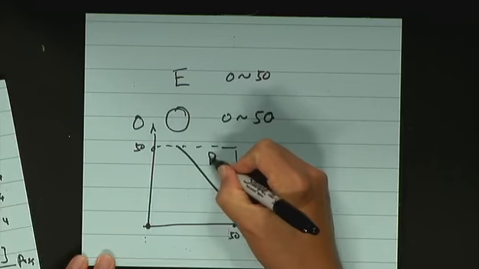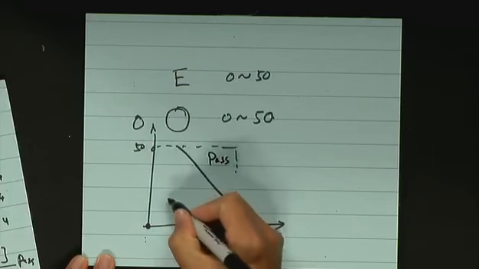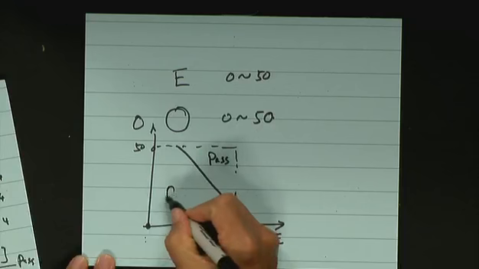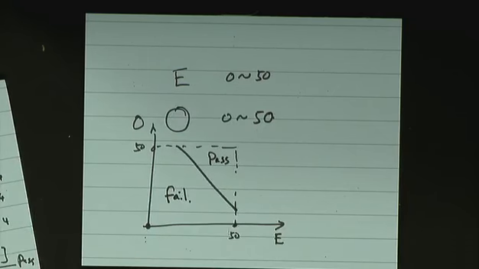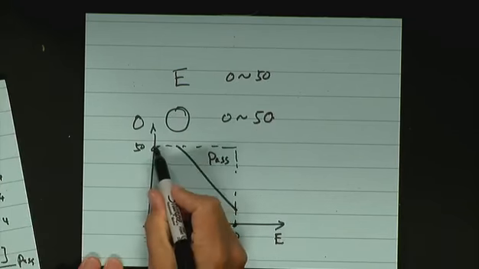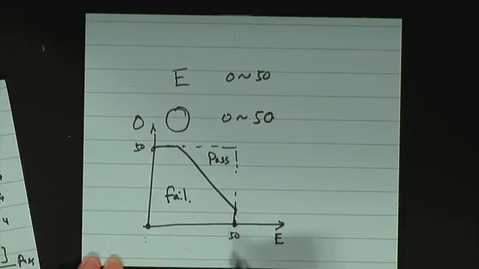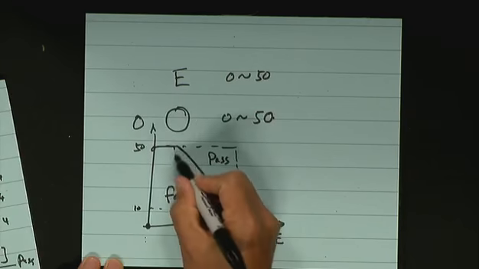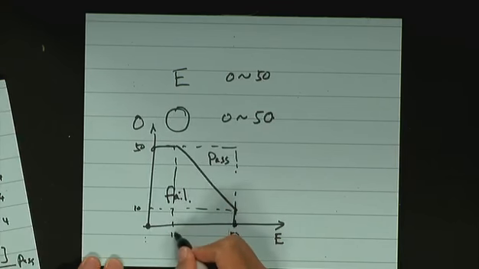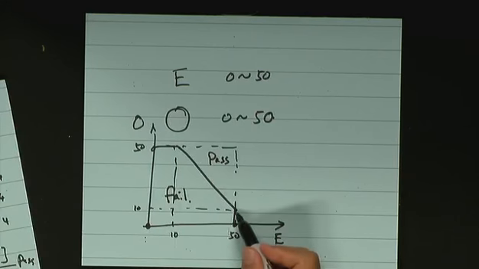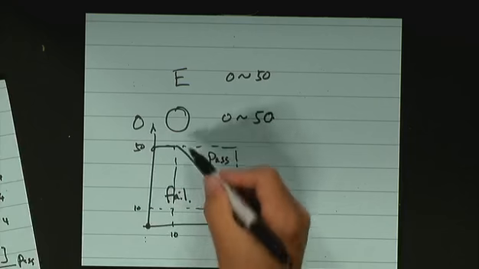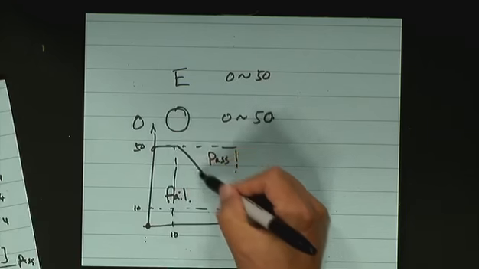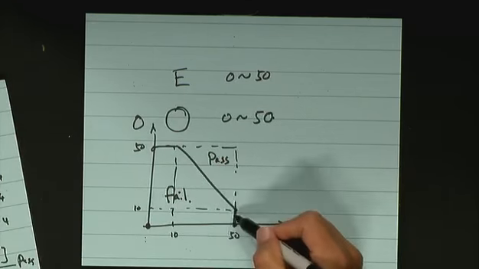This is your pass region. This is your fail region. So this is your pass-fail boundary. What is this value here? This is 10, and this is 10. So 10 plus 50 is 60, and 10 plus 50 is 60, and so here you have the perfect slope.